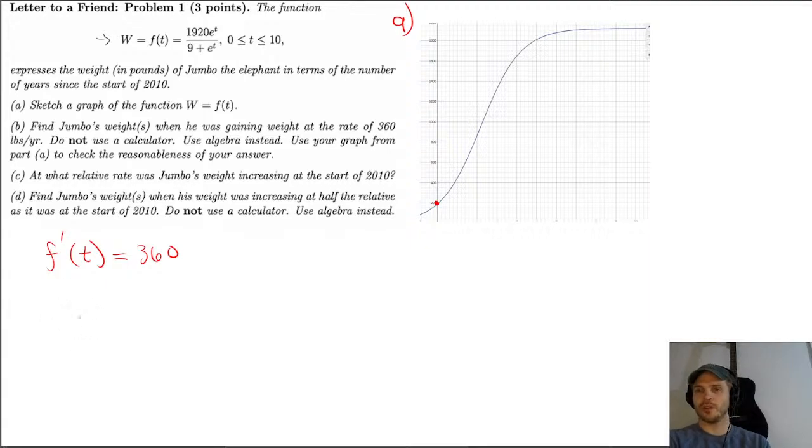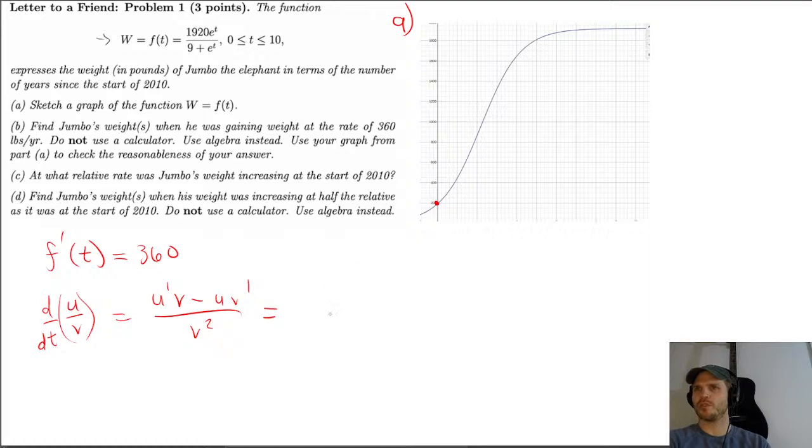So the quotient rule says if we have u over v, and we want to take the derivative of that with respect to t, then we're going to make u prime v minus u v prime over v squared.